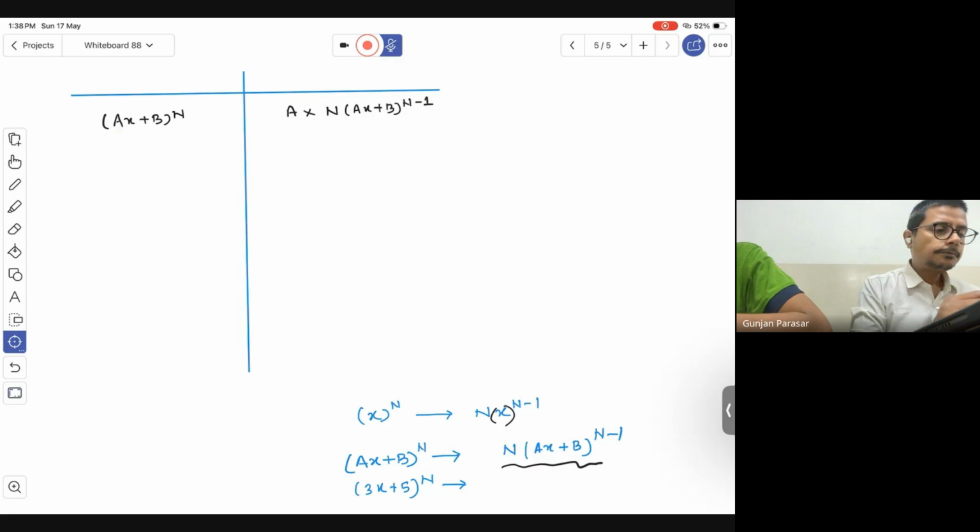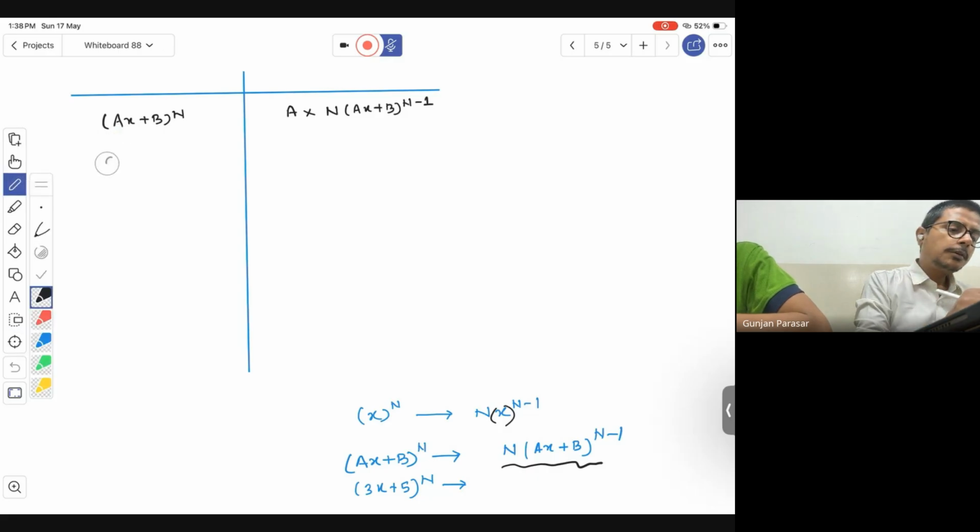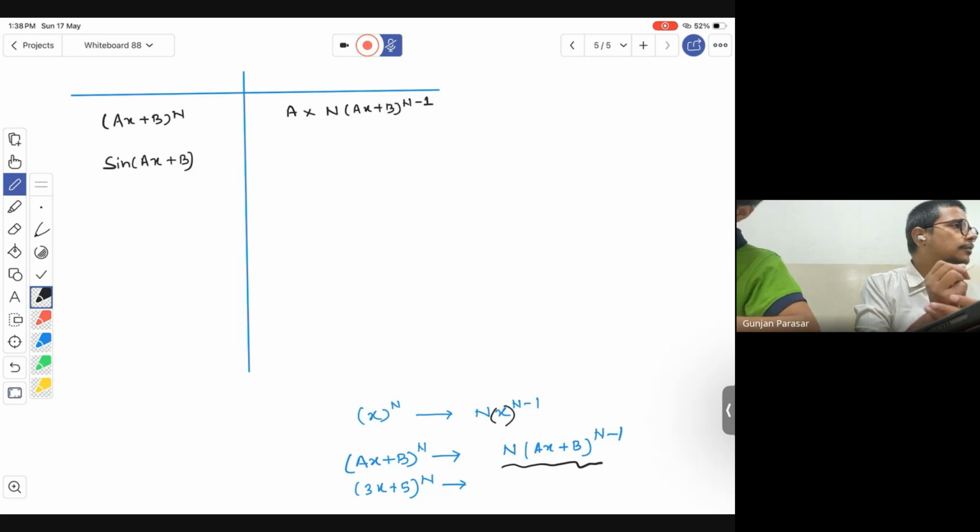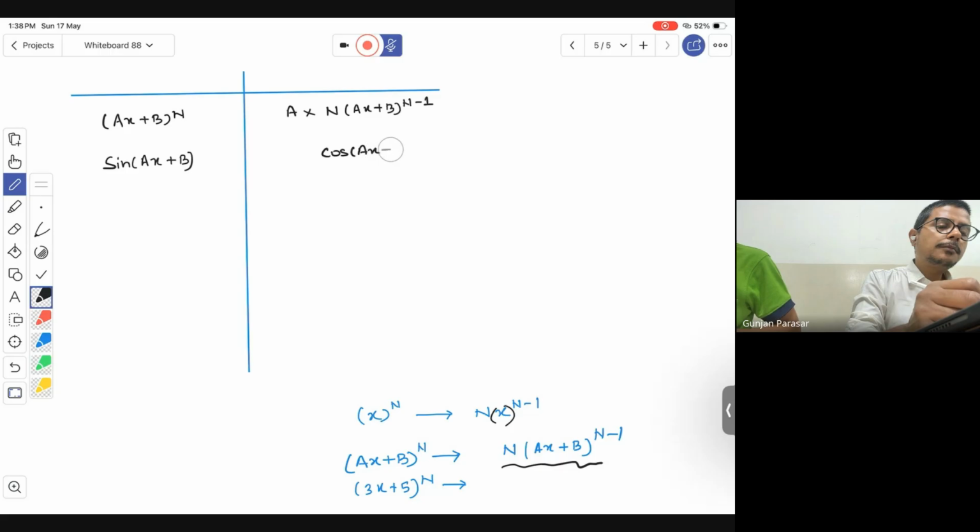Clear? No? So can you tell me what can be the differentiation of sin(ax + b) then? See the old formula, sin x becomes cos x. So it will become cos(ax + b), but the extra thing we do is multiply by a. After that we have cos(ax + b).